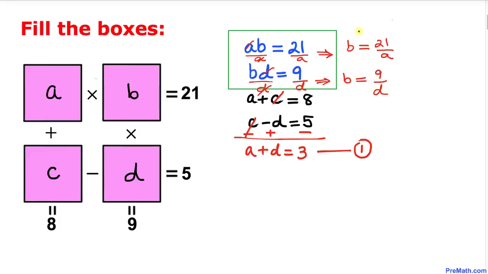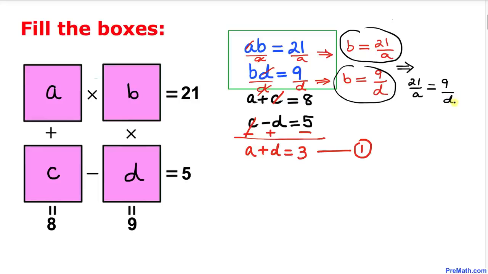Now let's focus on both these equations. They have a B on the left hand side, which means I can equate the right hand side. I can write 21 divided by A equal to 9 over D. Now let's cross multiply both sides.